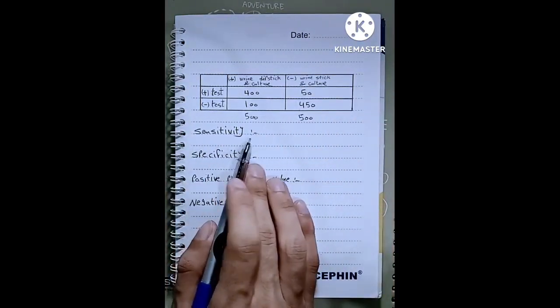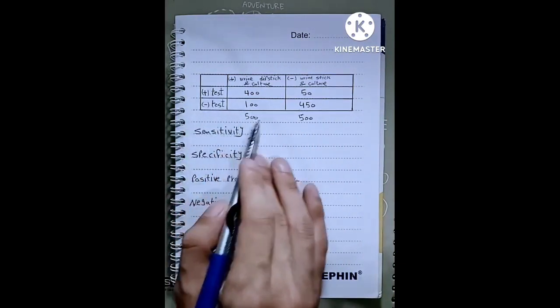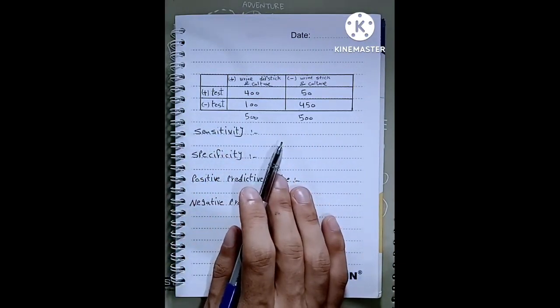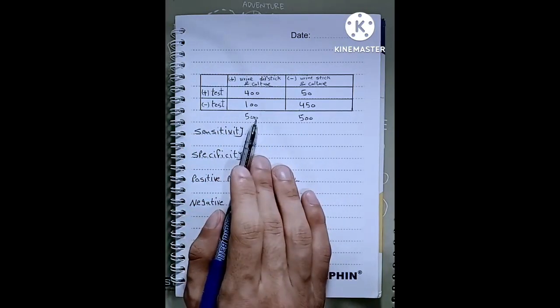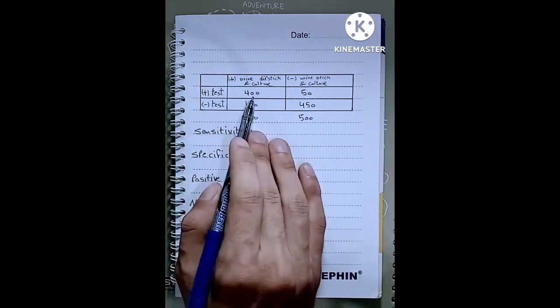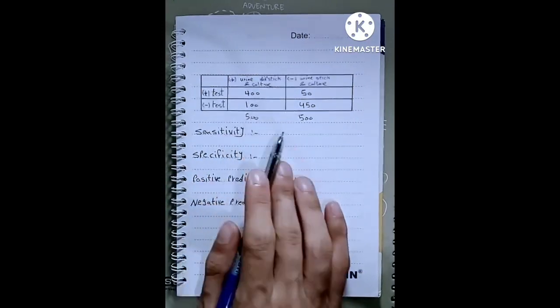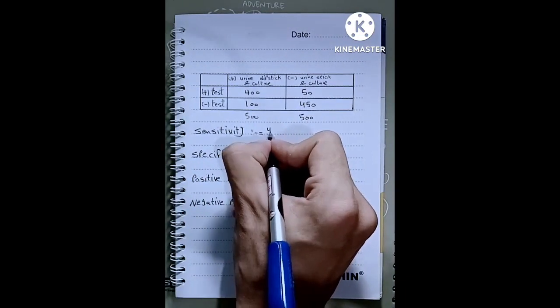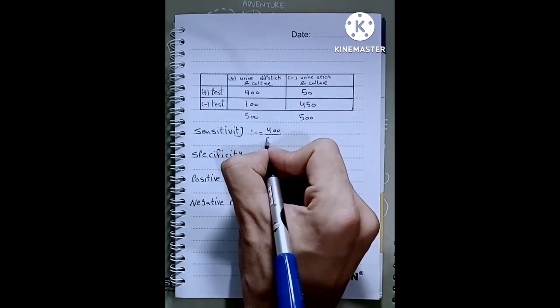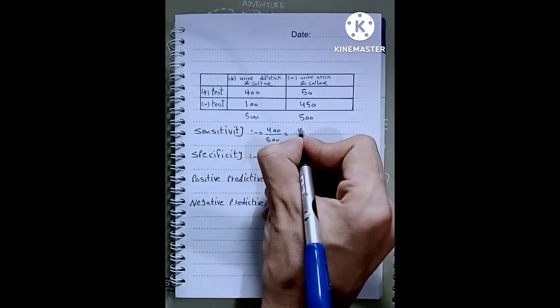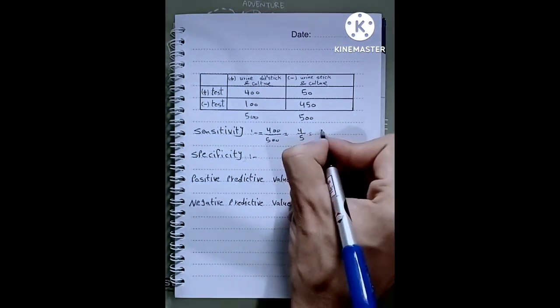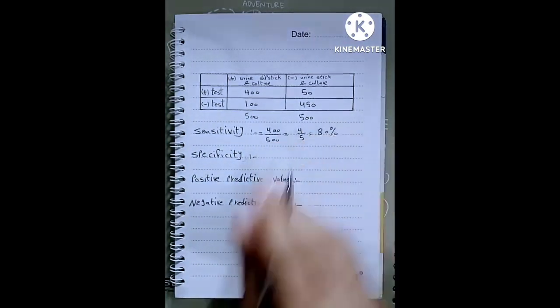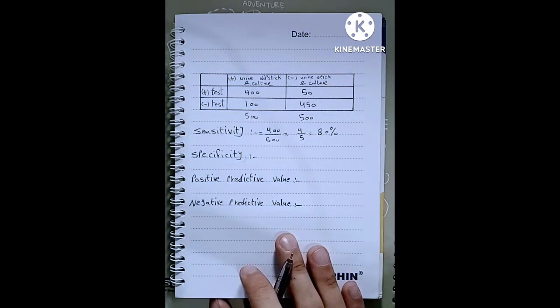So sensitivity is the ability of the test to identify those 500. We have 500 with the disease, but the new test could identify 400 of them. So sensitivity is equal to 400 divided by 500, which is 80%.